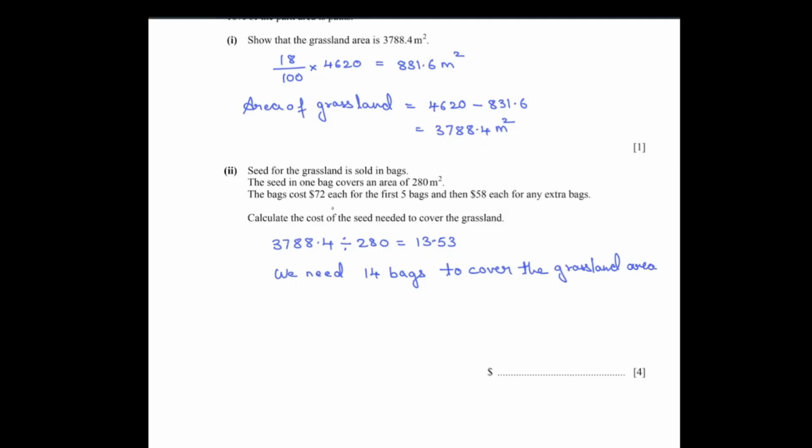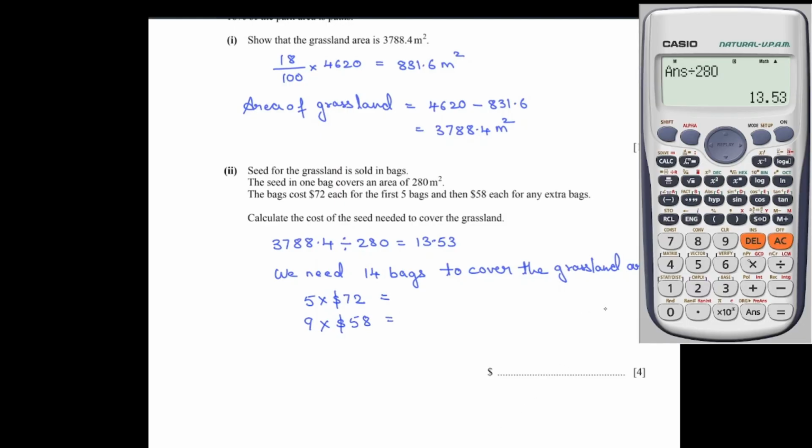Now they are saying that for the first 5 bags the cost is 72. So 5 into $72. Out of 14, if I take out 5, I'll have remaining 9 bags. For those remaining 9 bags the cost is 58. Find this and add them.